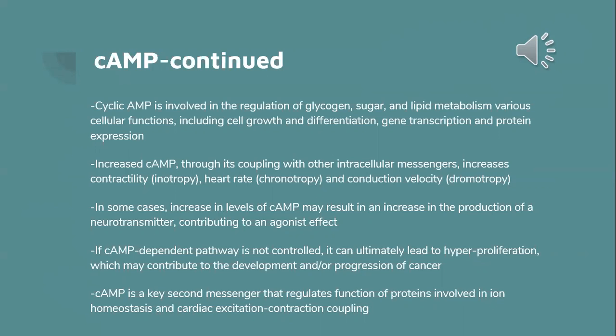In some cases, an increase in levels of cAMP may result in an increase in the production of a neurotransmitter, contributing to an agonist effect. If the cAMP-dependent pathway is not controlled, it can ultimately lead to hyperproliferation, which may contribute to the development and/or progression of cancer.